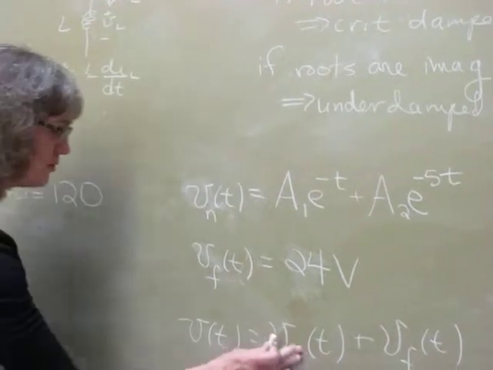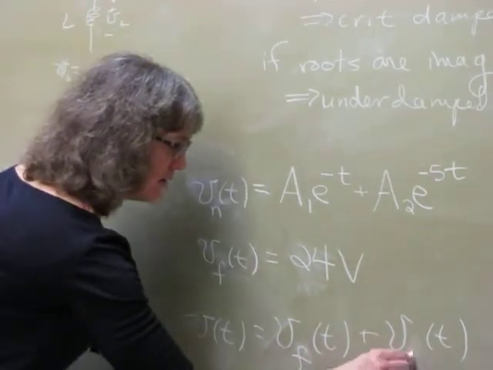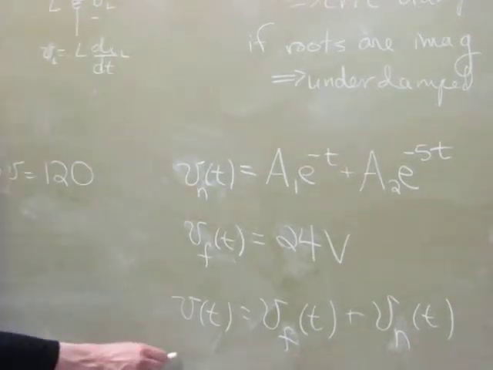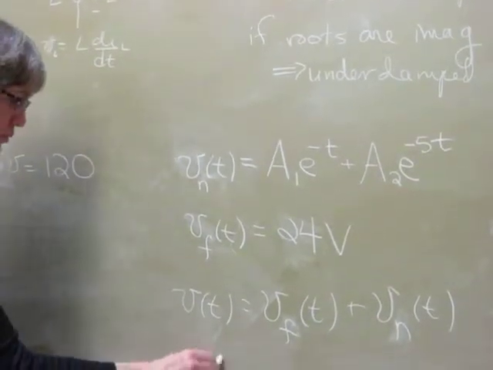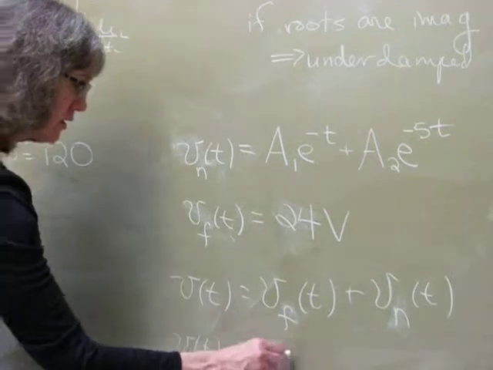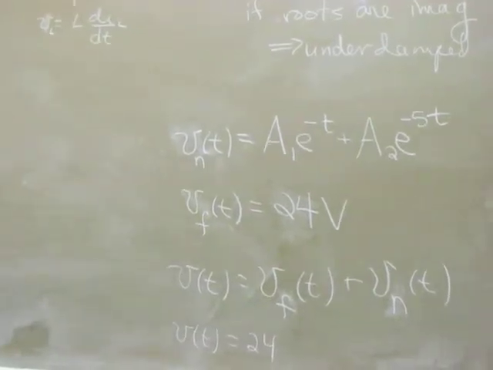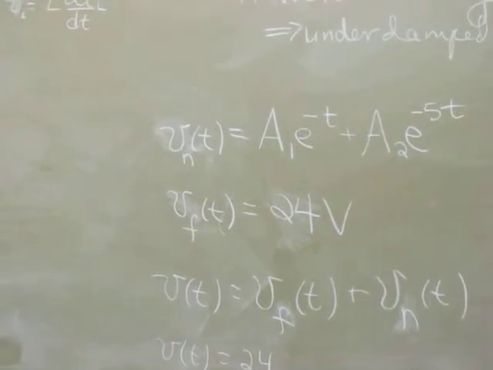And actually, usually the forced part first, because the natural part eventually is going to drop out. So the forced part is equal to 24. Okay, let me put it here. So we're almost done.